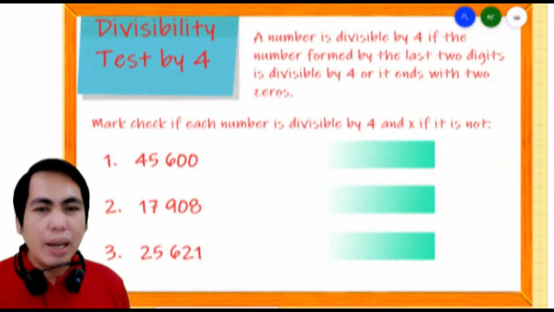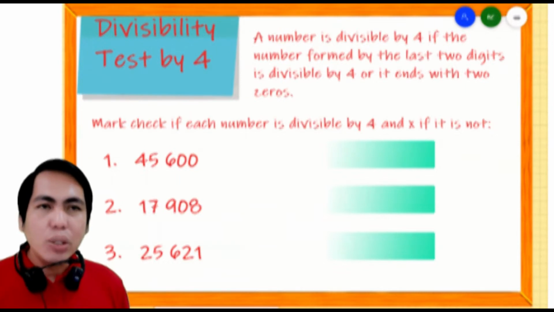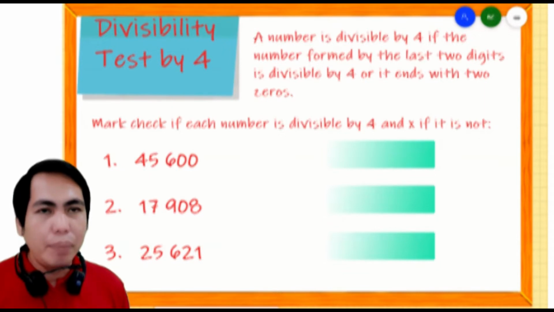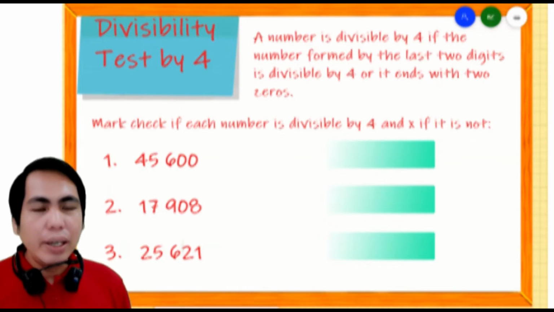Meaning to say that the last two digits are the determining factor if a number is divisible by 4 or not. The last two digits must be 0 or they must be divisible by 4 for the number to be divisible by 4. So let's take the following examples.